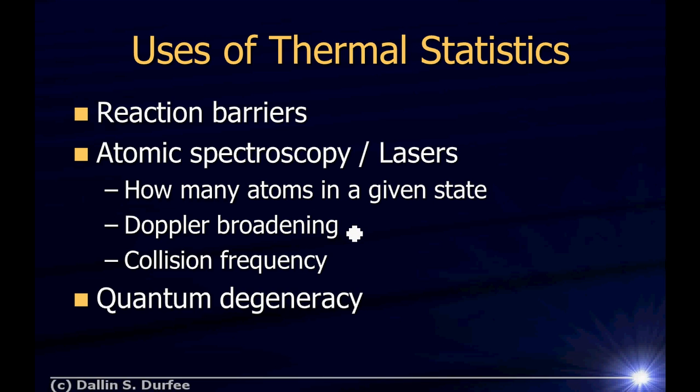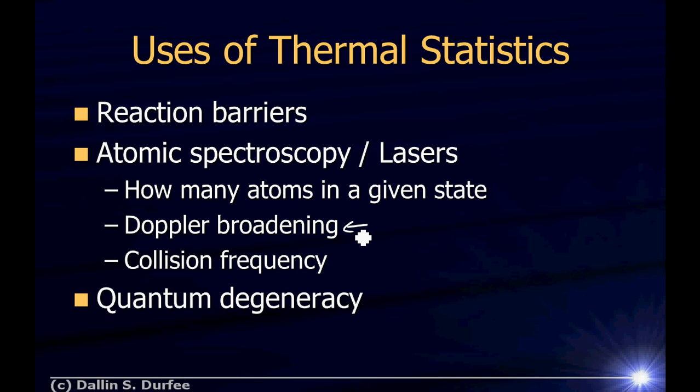Doppler broadening. You remember the Doppler shift? If I look at the spectrum of a gas of atoms, I find that the natural resonances in the atoms will actually be broadened because the atoms are moving. I need to know how fast they're moving, how many of them are moving at different velocities to understand that Doppler broadening.